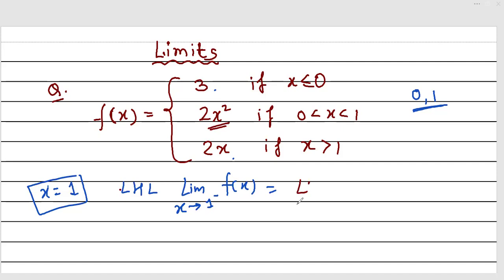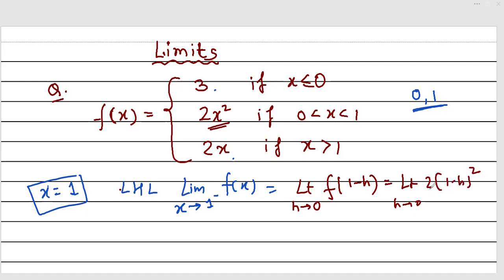So we can do it in a better way. Limit h tends to 0, f of 1 minus h. That means we have to use limit h tends to 0 of 2 times 1 minus h whole square.